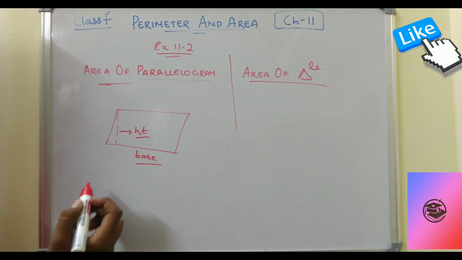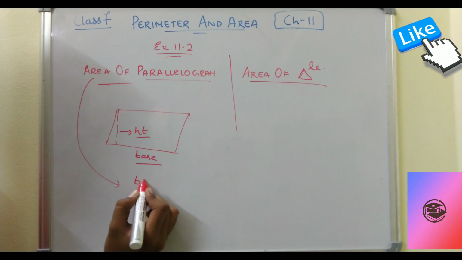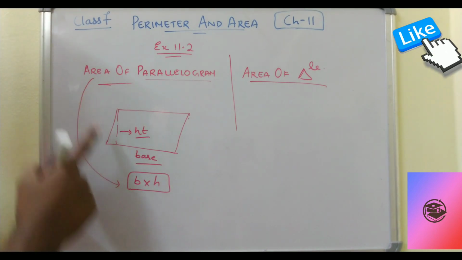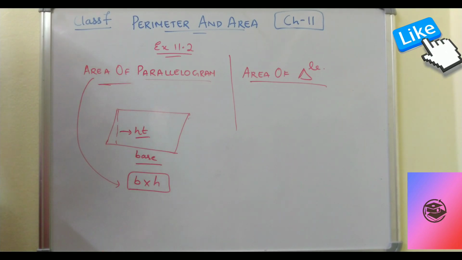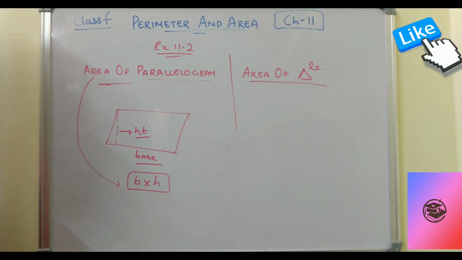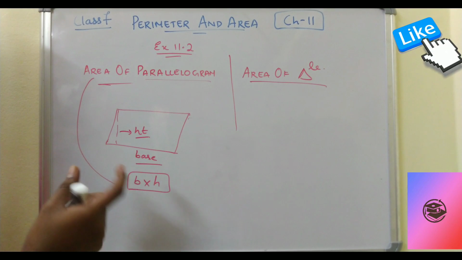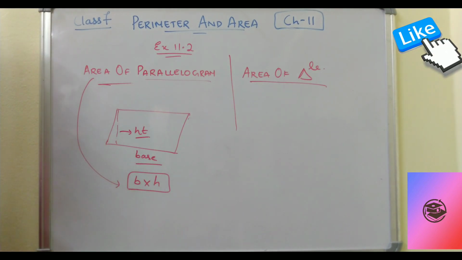So we'll take this as height and this as base. Area of parallelogram is given as base into height. What will be the perimeter? Perimeter is nothing but adding all the sides. Basic concept: when you add all the sides of the respective figure, you get the perimeter of that figure, like we discussed for the square and the rectangle.